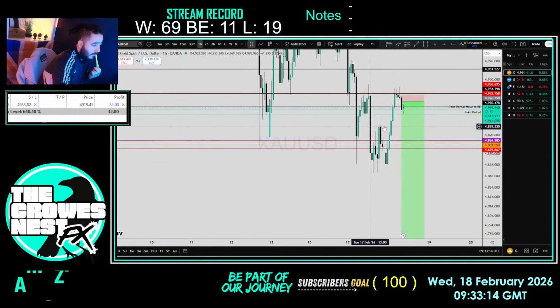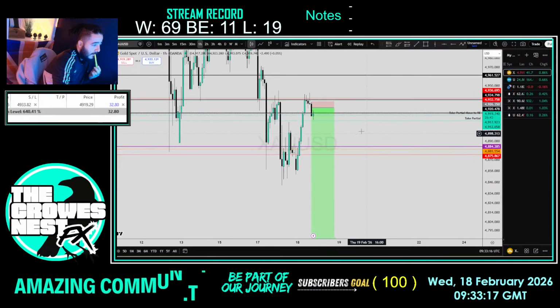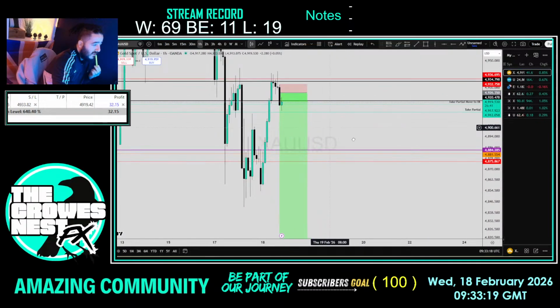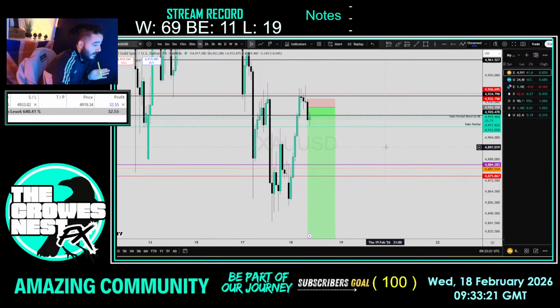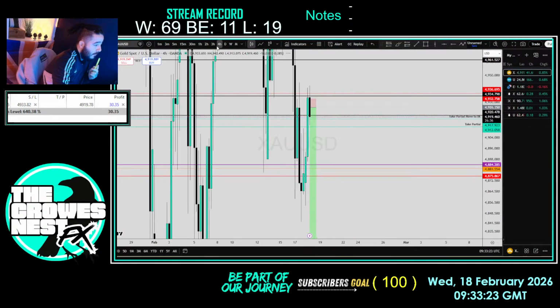Awful area to work out on the ones. Really don't know. If this one closes like this, technically we're looking at maybe a nest player, but then that is that 4 hour zone where we're just not sure about.